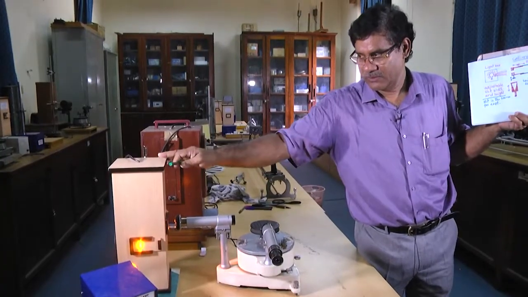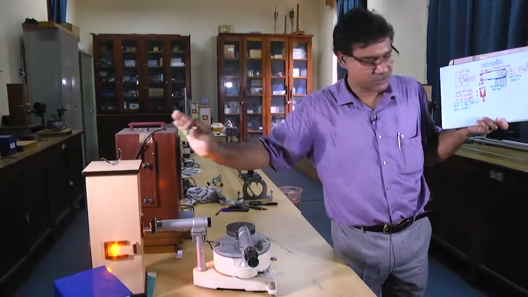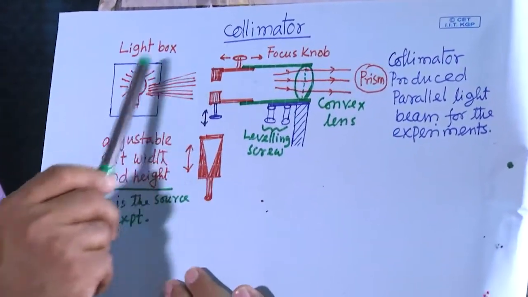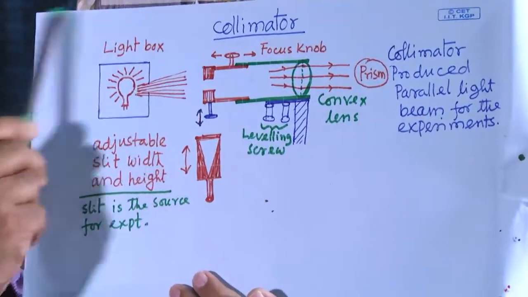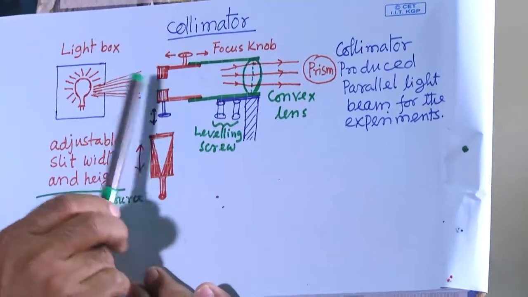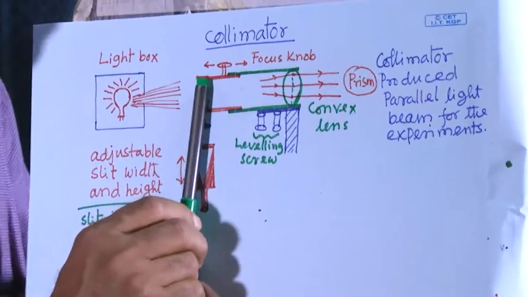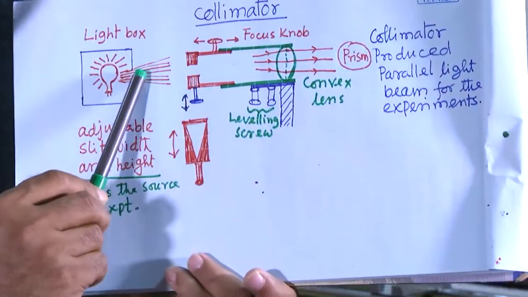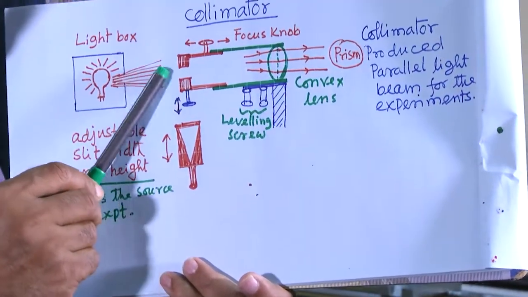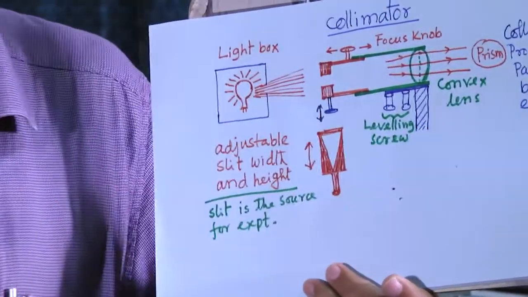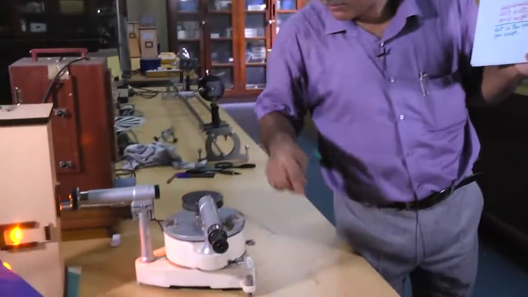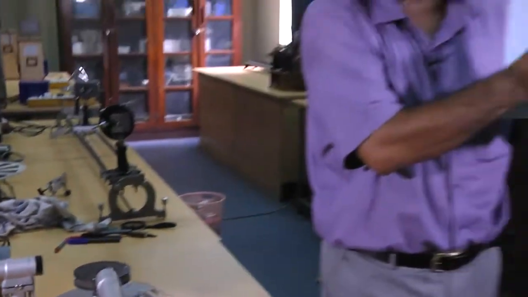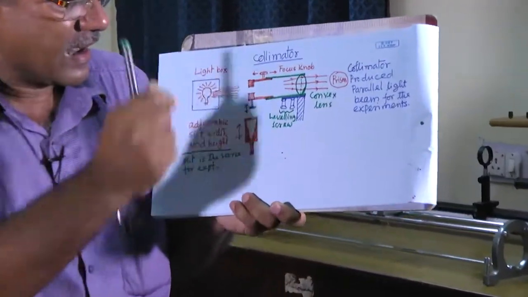The light is coming from this box, and it is diverging light, emitted in all directions. This diverging light passes through the slit in the collimator. I have already shown you there is a slit here, and you can adjust the width of the slit.